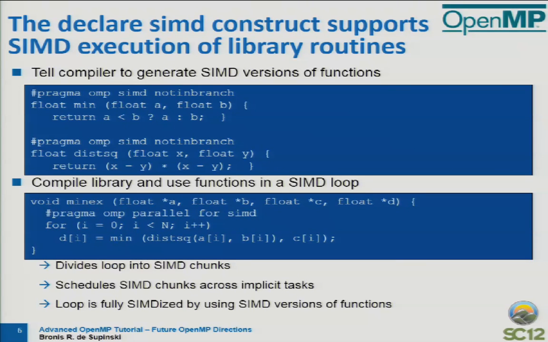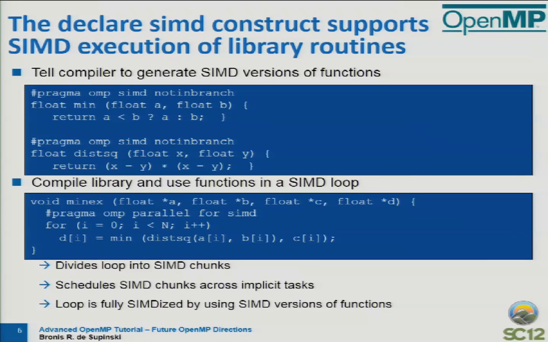Like an AVX register A and an AVX register B. Okay, and this will be a vectorized if statement with a vectorized return that returns the result of the min computation. Or you can have, let's say, a distance square root function that executes multiple instances of x and y at the same time and computes some Euclidean distance, whatever.